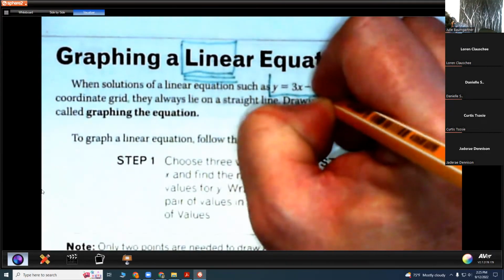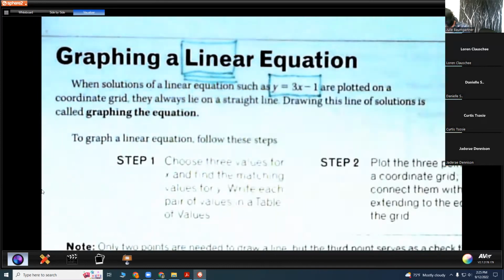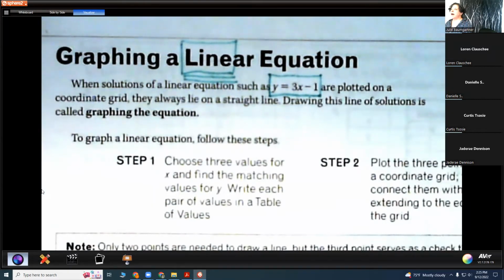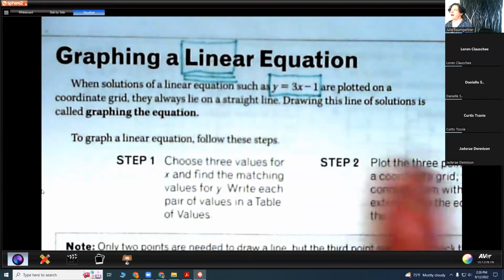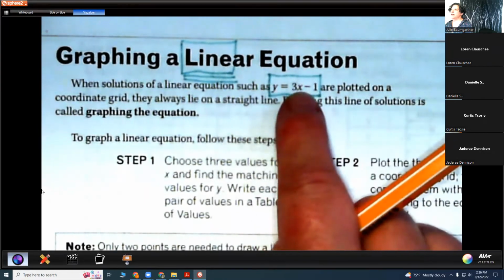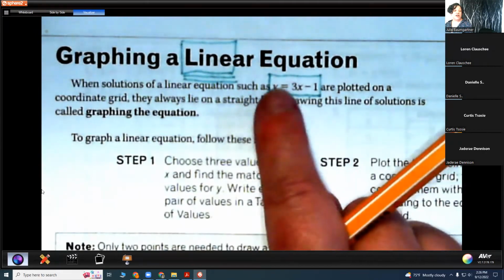The equation looks like this. It will look different from the equations that we've already practiced. We practiced one- and two-step equations, and the biggest difference is that they only have one variable, but here you can see we have two variables in our equation.